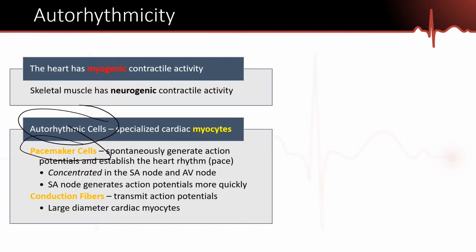Are often again called pacemaker cells. Now there are other autorhythmic cells, namely the conduction fibers, but that's going to come up in conversation much later on. Okay, we're going to focus on this first set of autorhythmic cardiac muscle fibers that are called pacemaker cells.